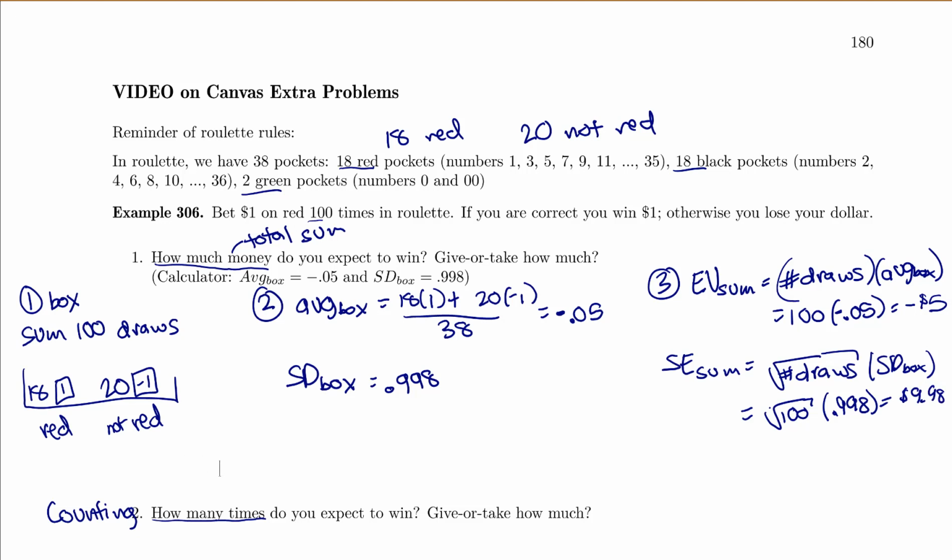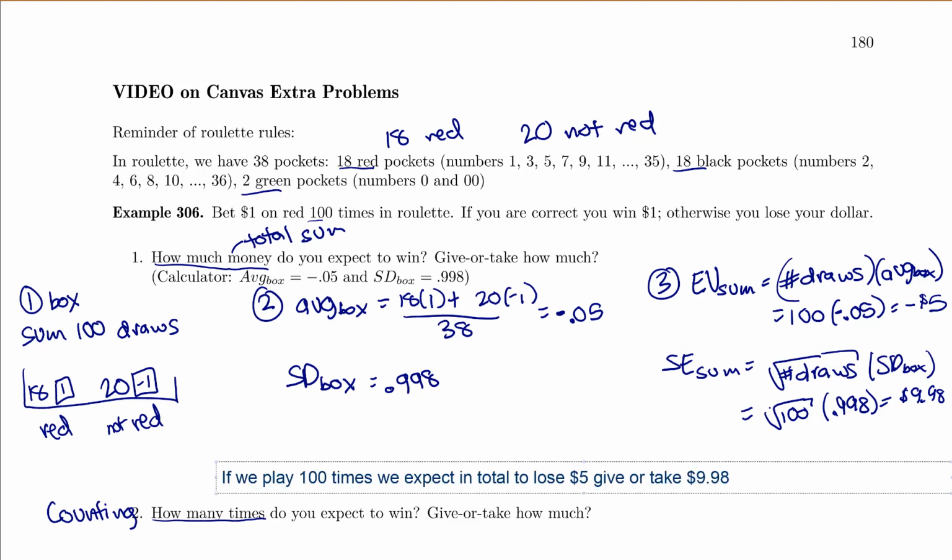Now, it's not required to write this out every time, but I like to write it out every time to remind myself of what we're actually finding. So if we play 100 times, we expect in total, if you add everything up from the 100 times, to lose about $5, give or take about $10. So really, we might lose like -15 total. We might actually get $5 out of it. But we expect that we're probably walking away losing money.